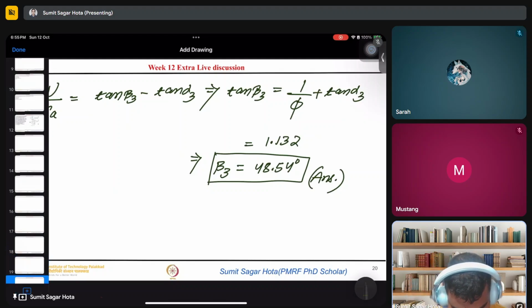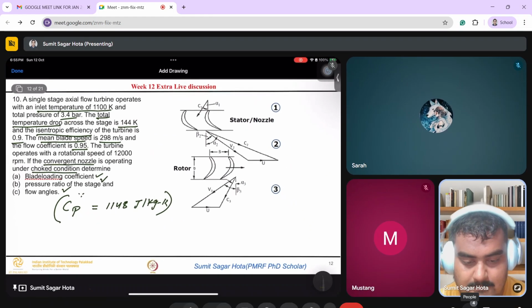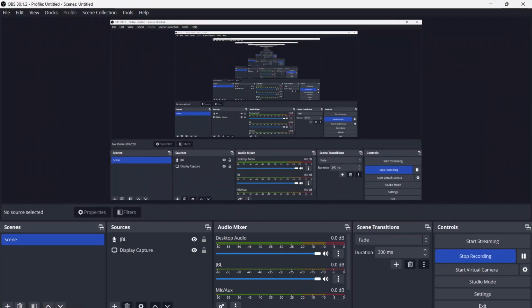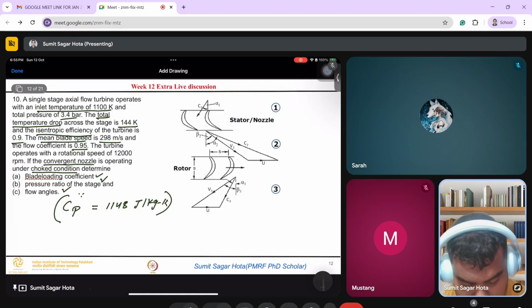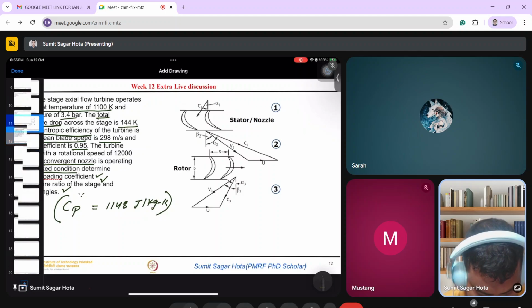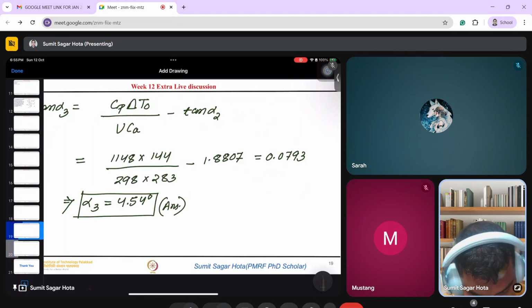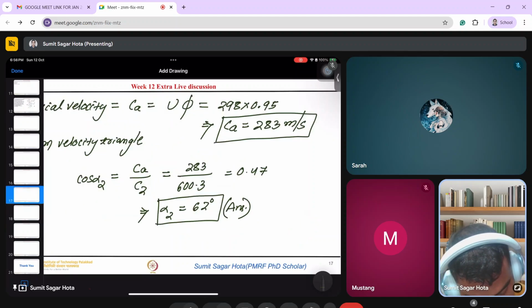So we calculated all the flow angles: beta 3, alpha 3, beta 2, alpha 2.